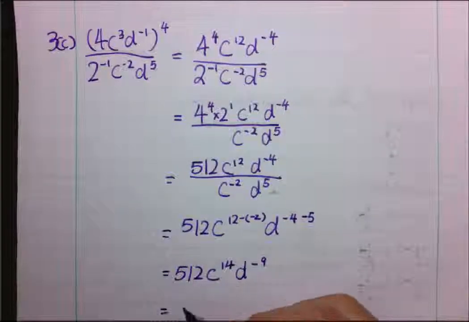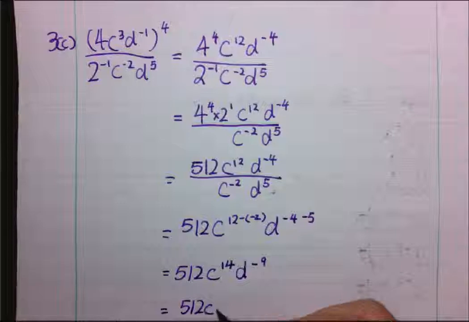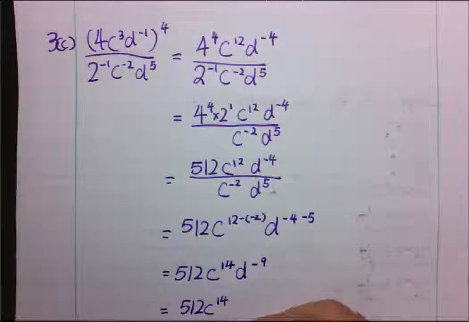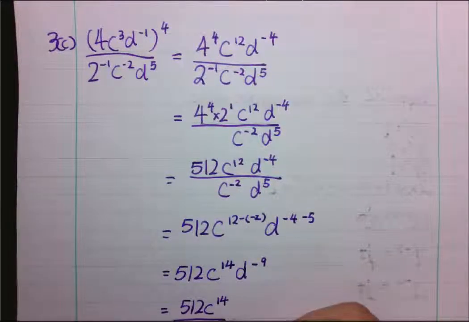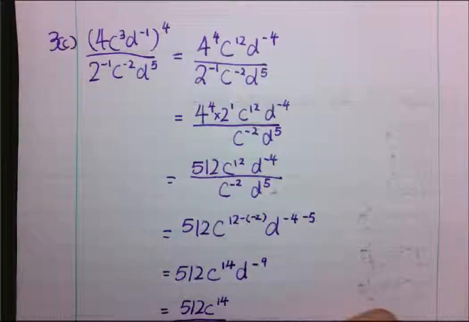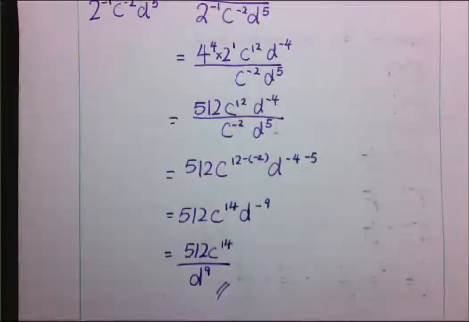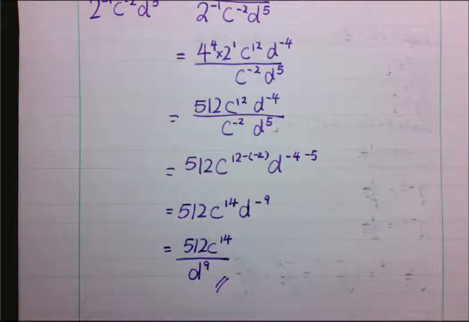Then one small problem there, we must express it in positive index form. So I write there, divided by d to the power of 9. And we are done with question 3C. And that's all the examples we have for exercise 1.2. Thank you for watching.